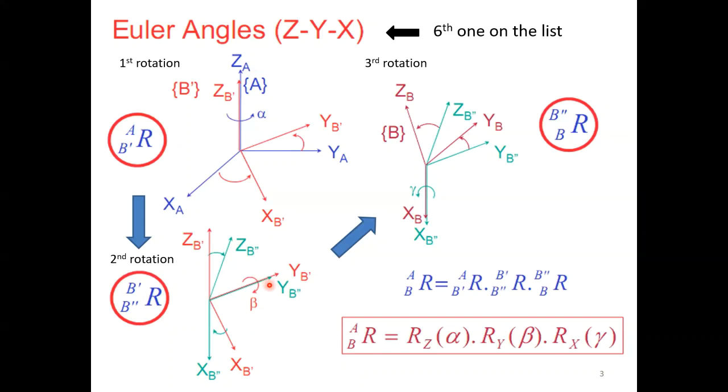This is a rotation around Y axis by an angle beta, so it is RY beta, followed by the final rotation around X axis, that is Rx, by an angle gamma. So when you do that, you get the total or final rotation matrix of B with respect to A.